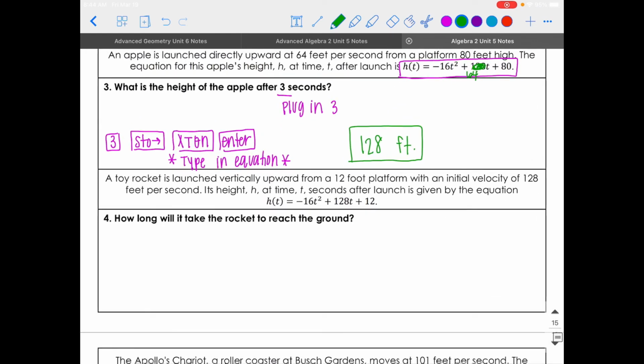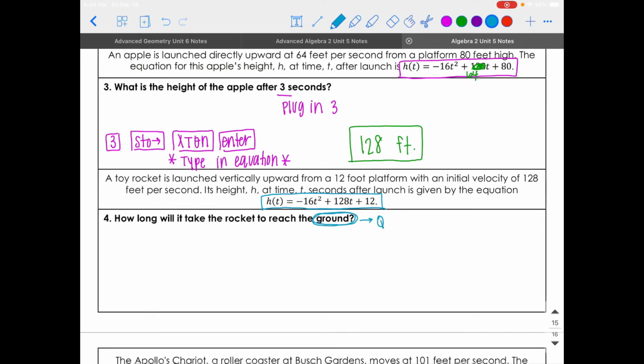All right, so number 4, a toy rocket is launched directly upward from a 12-foot platform with a velocity of 128 feet per second. And it gives us the equation. How long will it take the rocket to reach the ground?